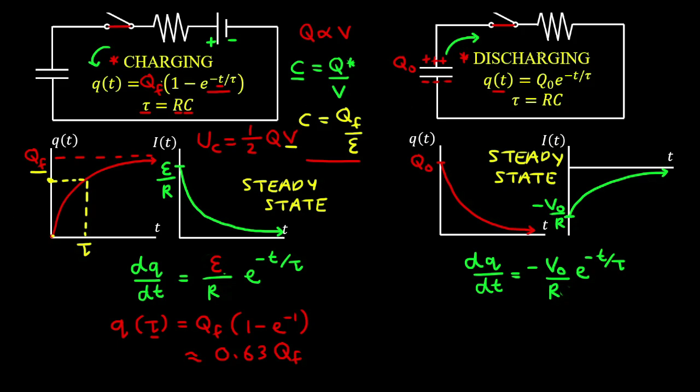Now conversely, for a discharging capacitor, we have Q of tau is equal to Q naught by e to the minus 1, which is approximately 0.37 Q naught. So that's somewhere around here.